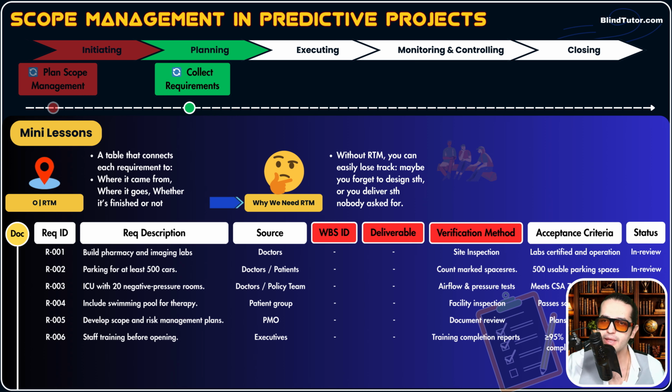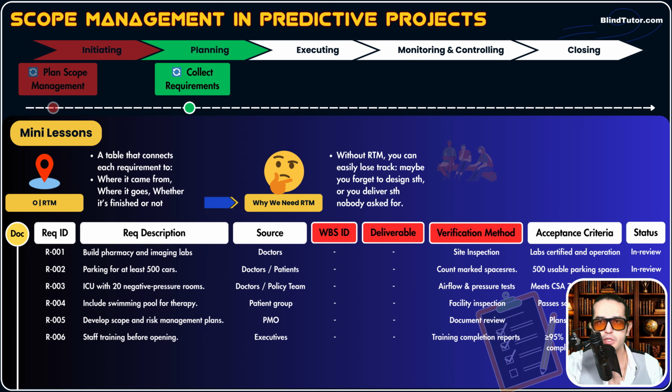Okay, so without RTM, you can easily lose track. Maybe you forgot to design or test something, or you deliver something nobody asked for. When we have a requirement traceability matrix, we won't forget any requirements, because each of those requirements is connected to deliverables. We need to deliver these. So in simple words, guys, the requirement traceability matrix or RTM is the GPS tracker of requirements.